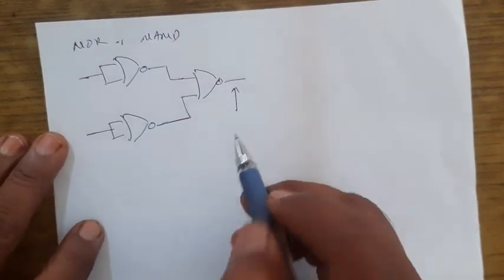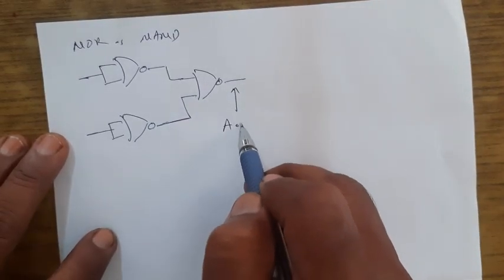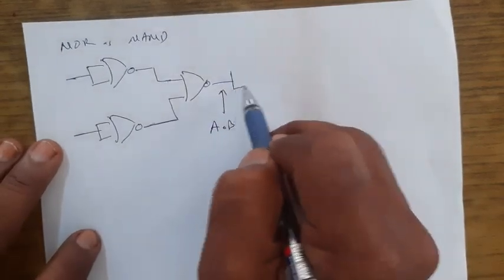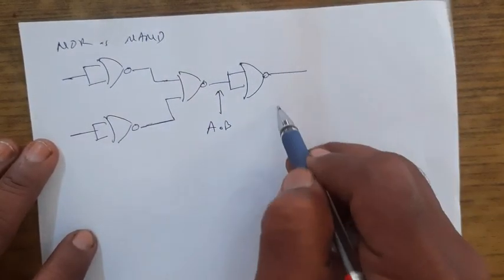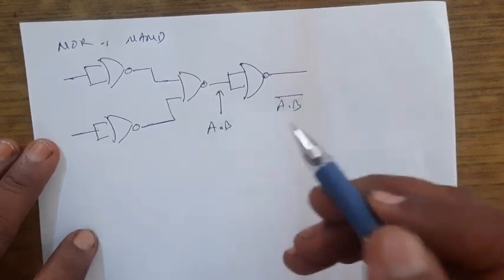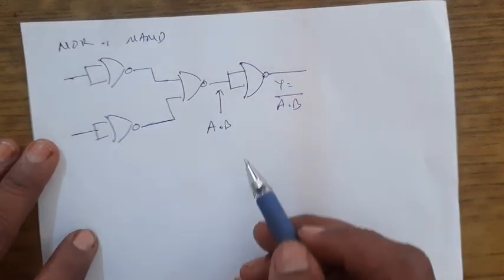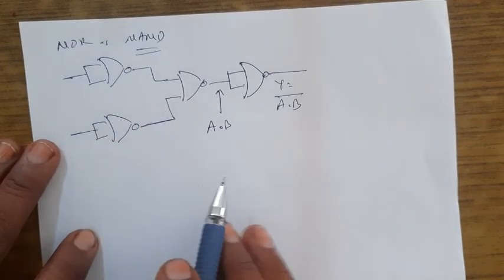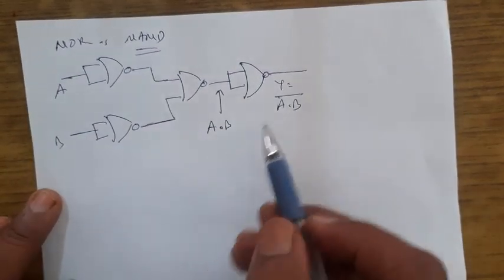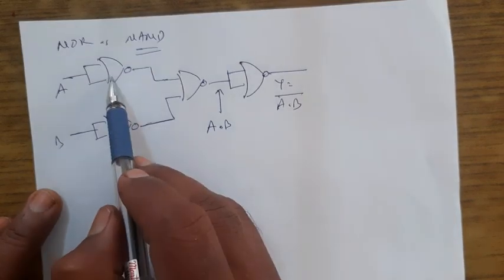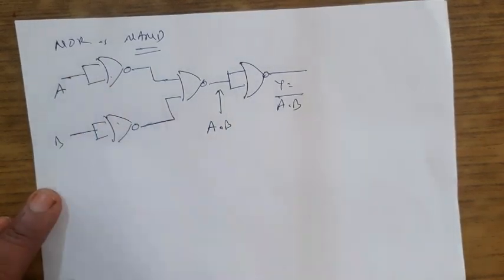Up to this point it is A and B, and if I make the complement of that output again, then here it will be (A and B) bar. This is Y, and that is nothing but the NAND gate.